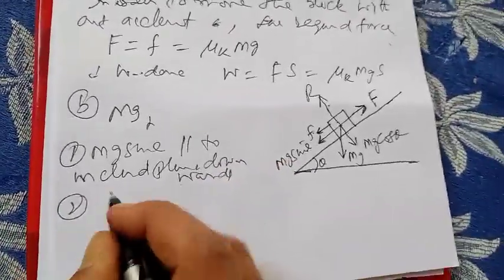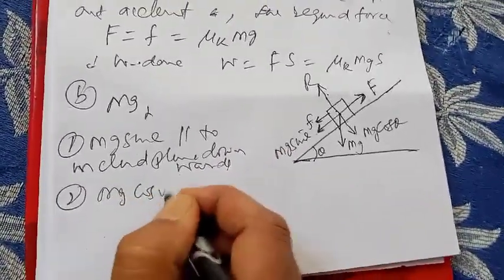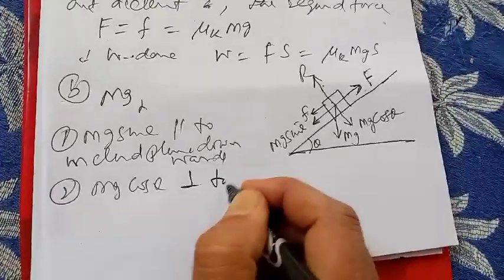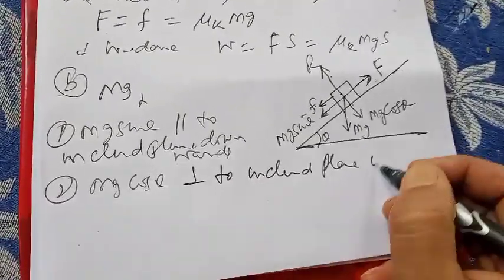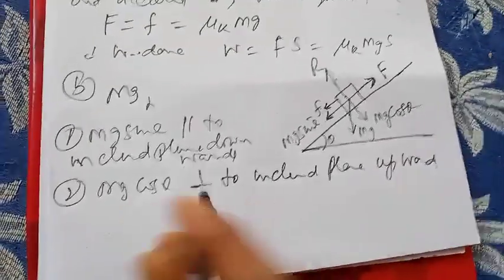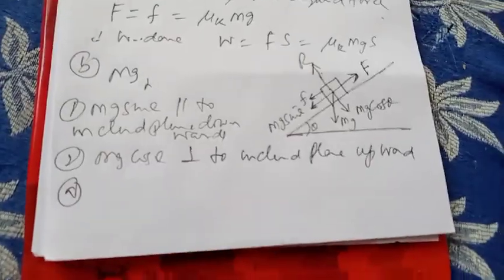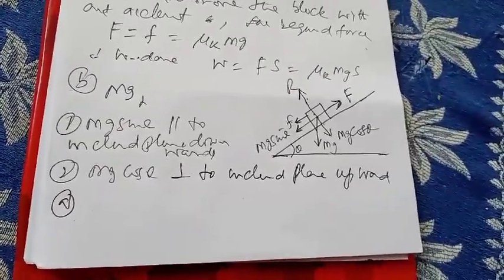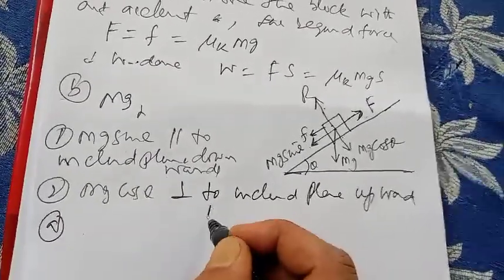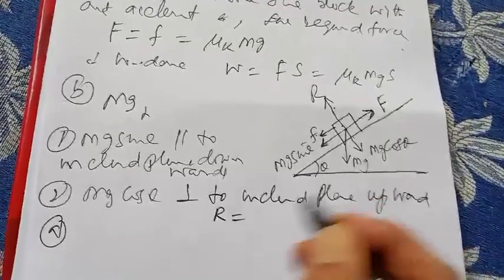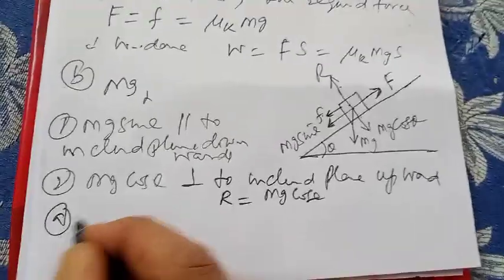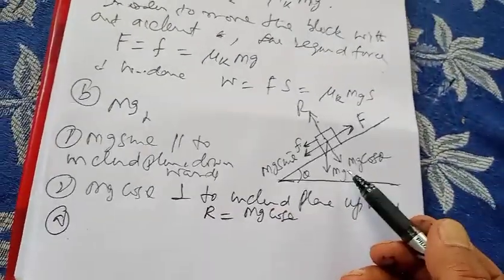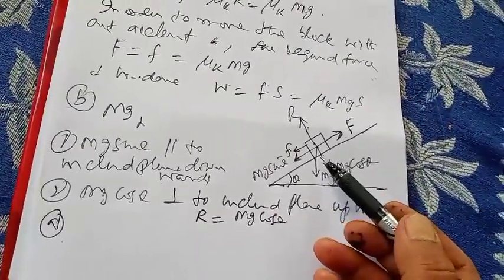And second is mg cos theta, which is perpendicular to the inclined plane. Once again, we have normal reaction R, that is equal to mg cos theta. For motion of a block along the inclined plane, we have two cases.